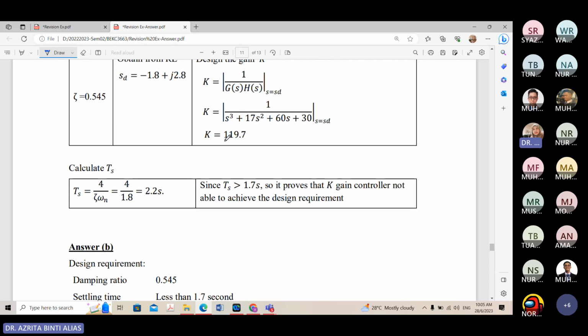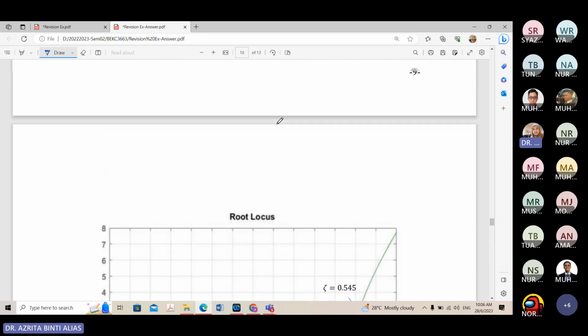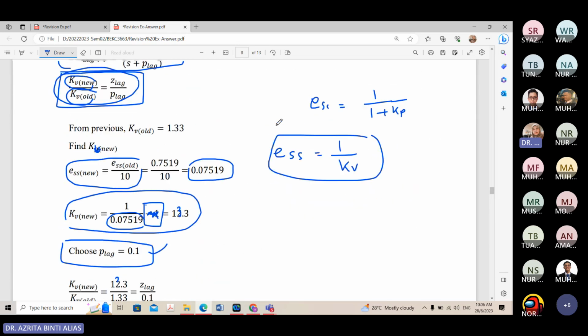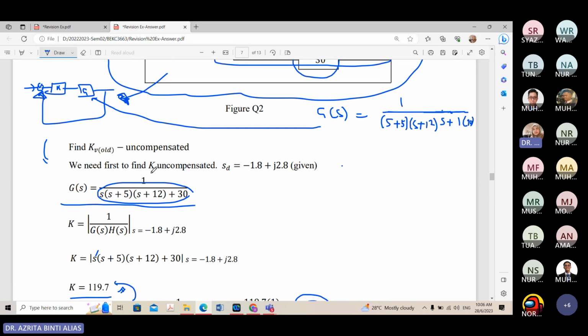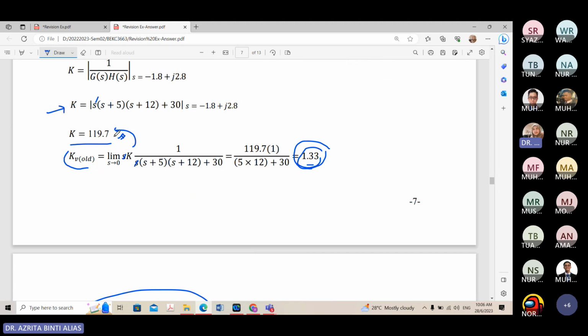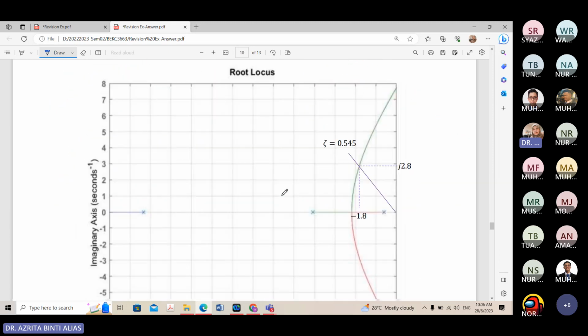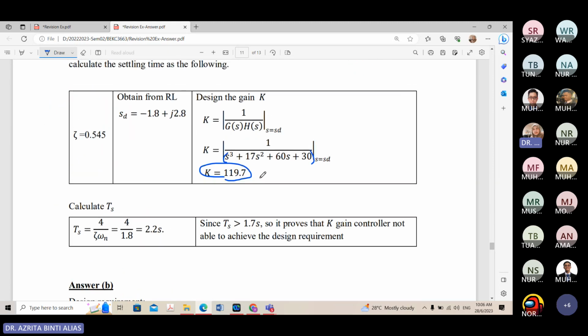So I want to show you, if you expand the equation into the polynomial form, and without expanding the equation, so I just put the equation like this to find the value of gain K, you will obtain the same answer. So no need to worry. So you will obtain the same answer, 119. Okay.